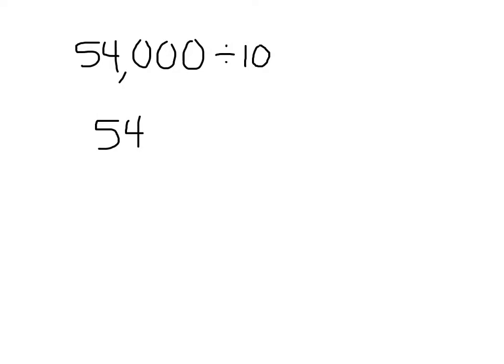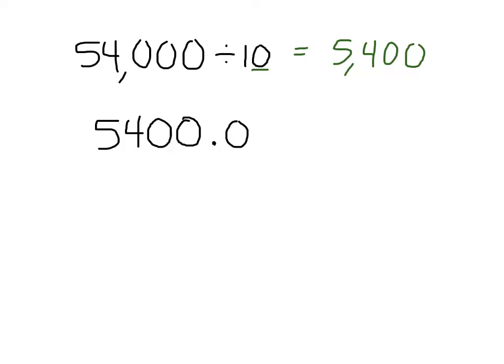The 0 is going to become 0 tens, and the 0 tens is going to become 0 ones, and the 0 ones actually is going to become 0 tenths. But I don't really need to write that. So my answer here is going to become 5,400.